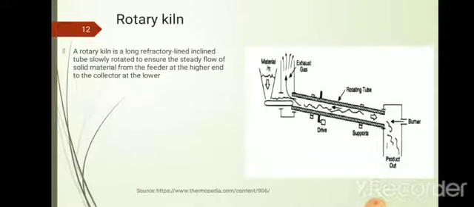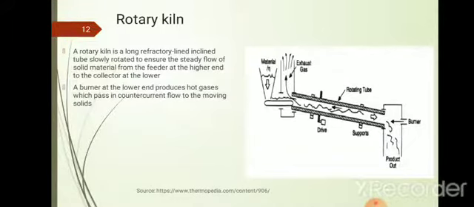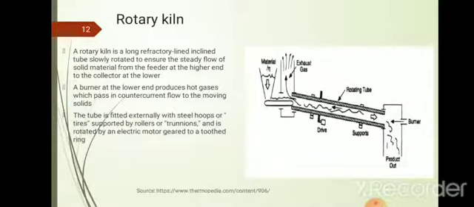So at the right side we have a burner for initiating combustion, and exhaust gas is collected as shown in the figure. The burner is used for starting the combustion, and these are supported by rollers and rotated by the electrical motor.